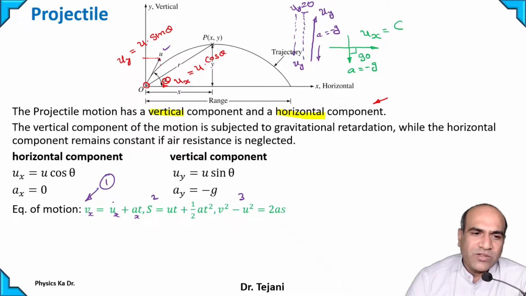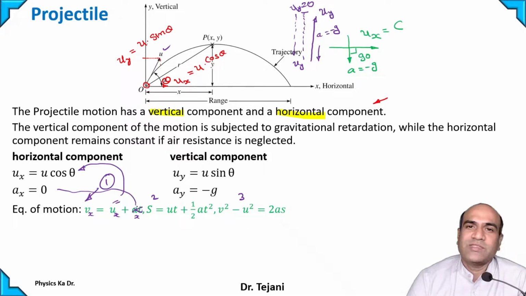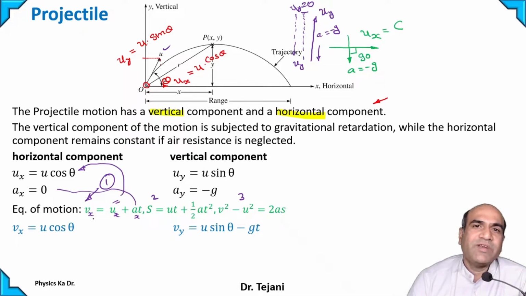We already derived that ux is equal to u cos theta, and for horizontal, a is 0. That means the second term is 0. So we can derive vx is equal to u cos theta when we take the horizontal component.